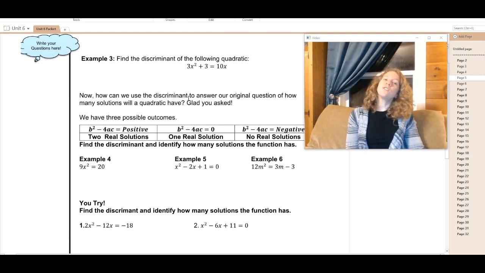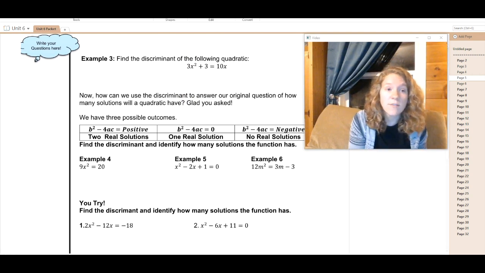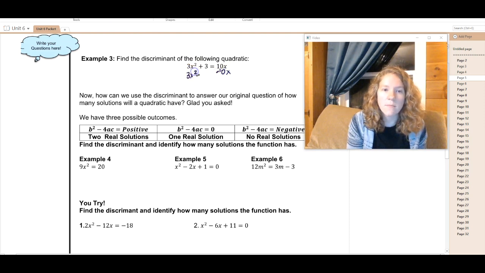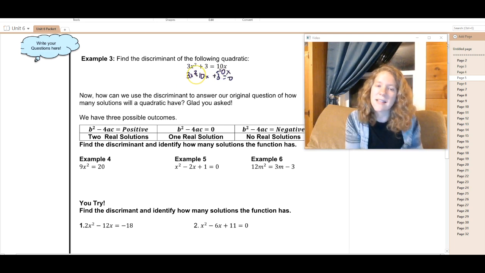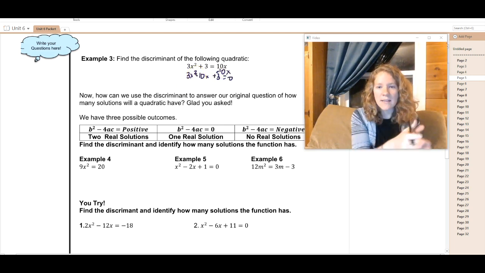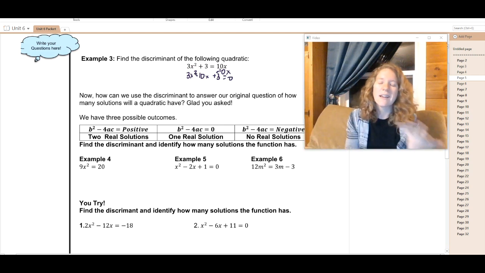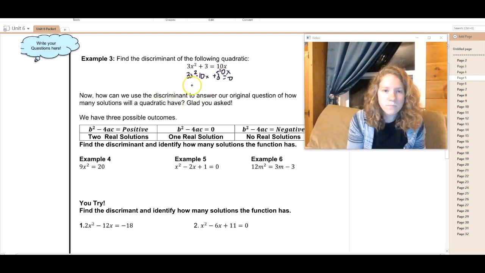In order to find the discriminant, first I do have to put this in standard form, so I'm going to subtract 10x, and I get 3x squared minus 10x plus 3. Notice I put that in the middle because I like to have it in descending order, my x squared, then my x, then my 3, because that's truly standard form.